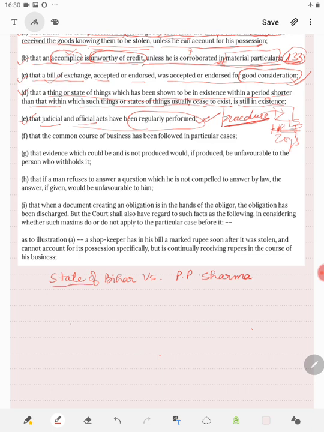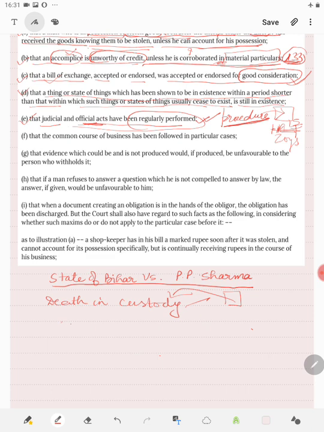Now, in this case, it was held that death in custody does not by itself create a presumption of murder by police. So if there is a death in custody, we cannot raise the presumption that the police has actually caused this death, because the court may presume that he was properly taken care of.